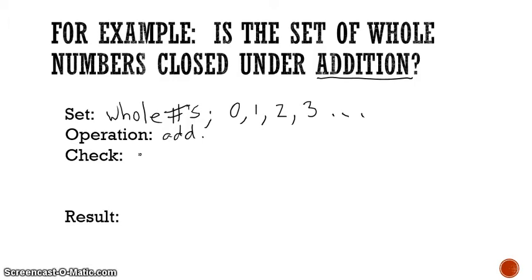So for example, I'm going to choose, I don't know, 1 and 3. So I'm going to do 1 plus 3 because 1 and 3 are both in the whole number set and the operation is addition. So 1 plus 3 is 4. Does 4 belong to this set? Yes, it does. If it would keep going, it would be 4, 5, 6, 7, and so on. So 4 belongs.